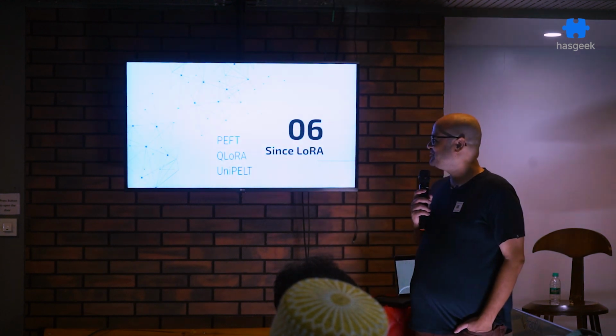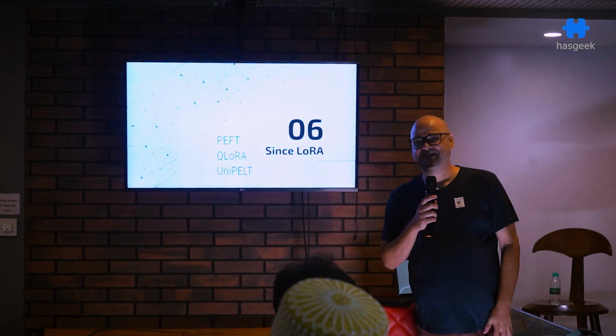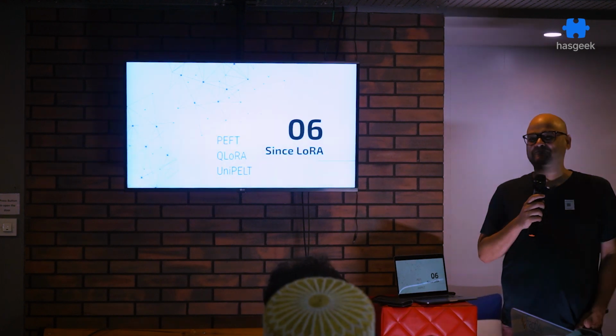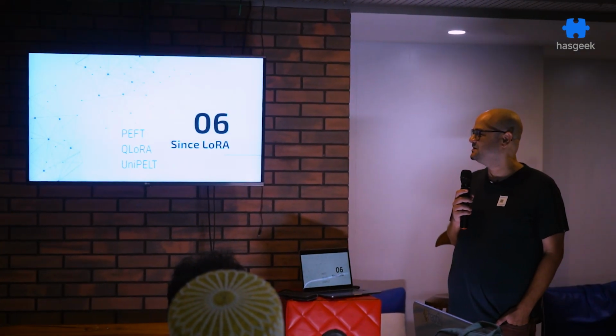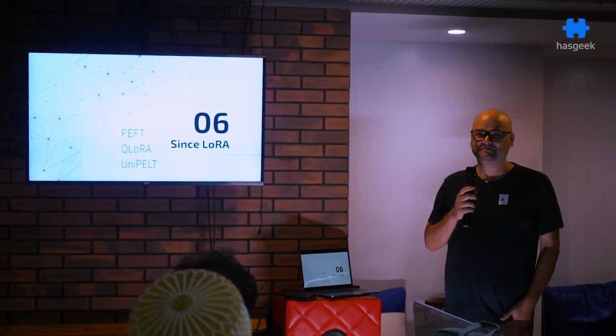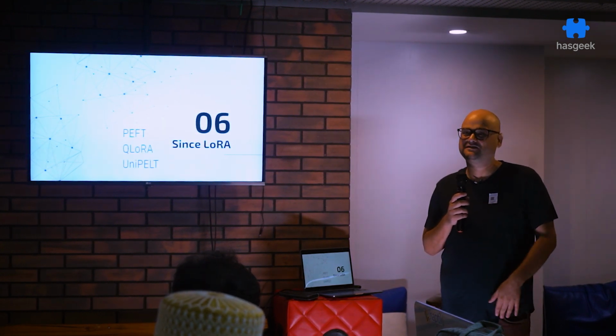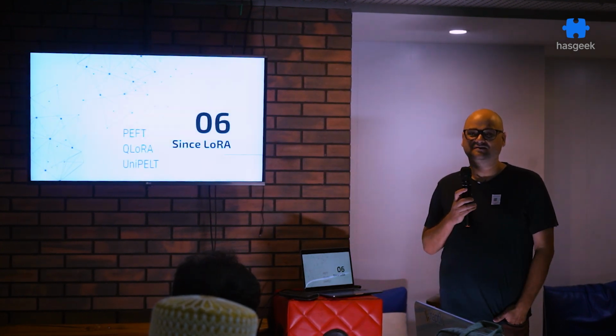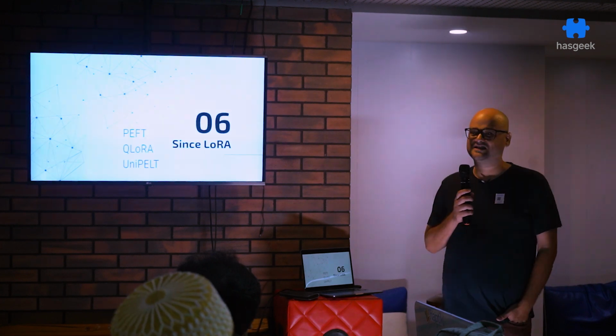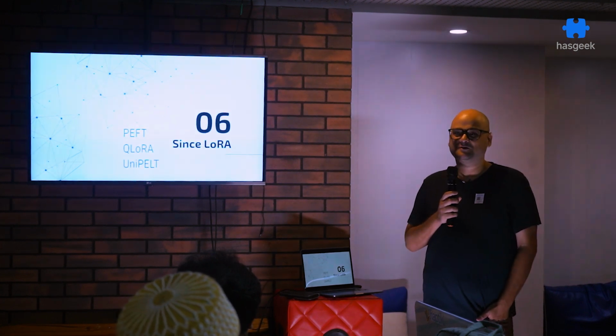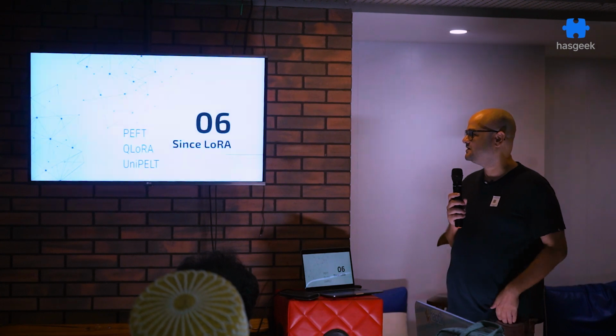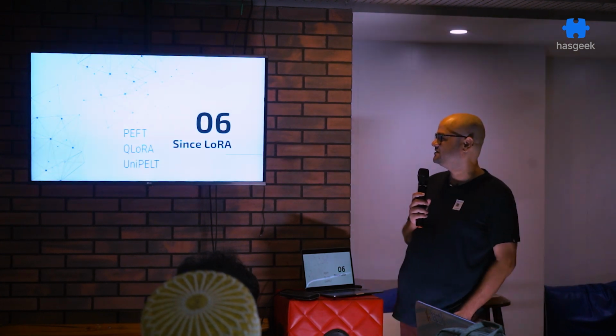Right. So I don't know how your application is organized, but we have different use cases. Typically you will be fine tuning some kind of model, either for generating embeddings or generating text, whatever the task is. So I would suggest go ahead with Unipelt.